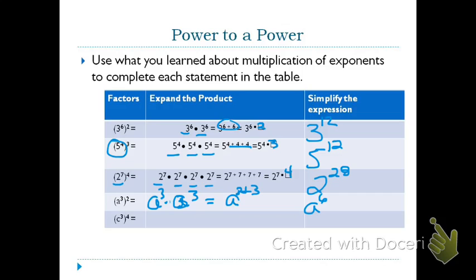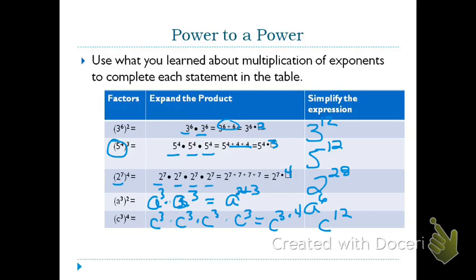C to the third to the 4th power is c to the third times c to the third times c to the third times c to the third, which is the same thing as c to the 3 plus 3 plus 3 plus 3, which is the same thing as 3 times 4, which is c to the 12th then.